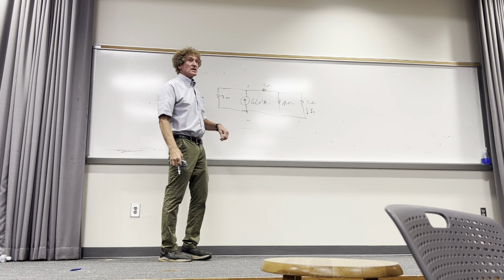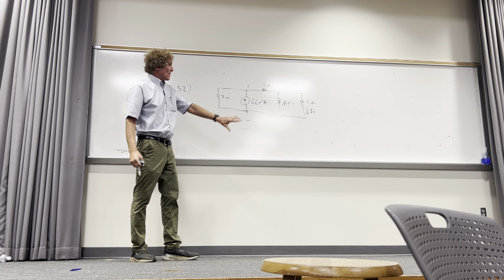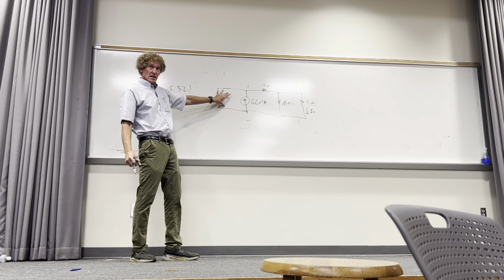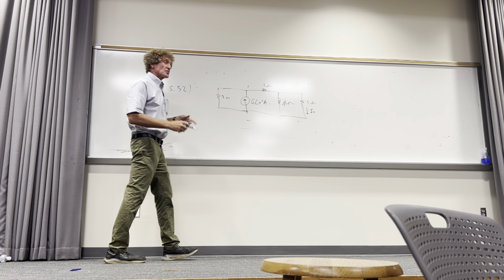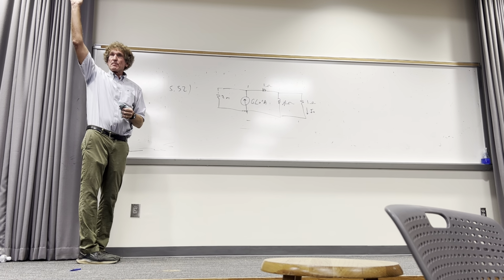We could do Thevenin-Norton transforms. I'm trying to show you the options you have. This is a current source in parallel with that, correct? We could take this and turn it into a voltage source in series with the resistor. How many know that?